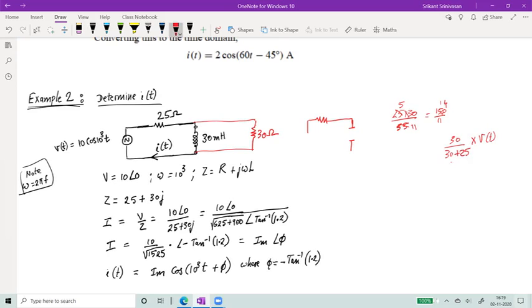And maybe instead of 30, I should have chosen 25 to make life easier, so I could have directly divided. But anyway, this is 30 by 55 into 10. So back to the same thing, 11 and 6. So 60 by 11 is say 5.56 or something like that.